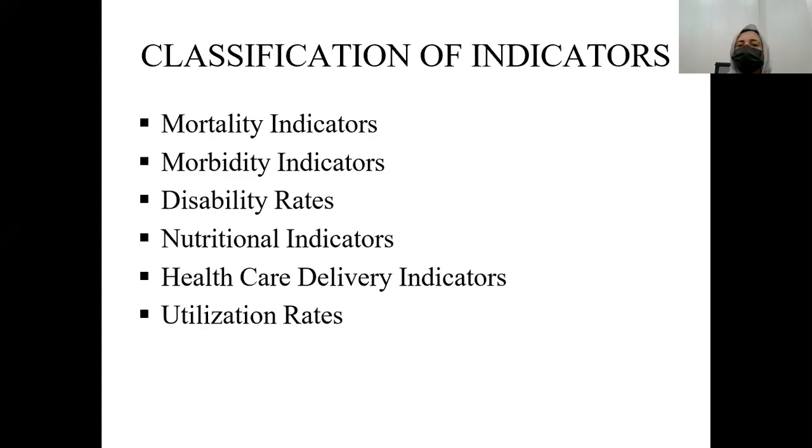Now, what I'm going to do today is give you an overview of the indicators: how many types there are broadly, and an example of each, so that you can have an idea of what an indicator is, and you should be able to name a few indicators.